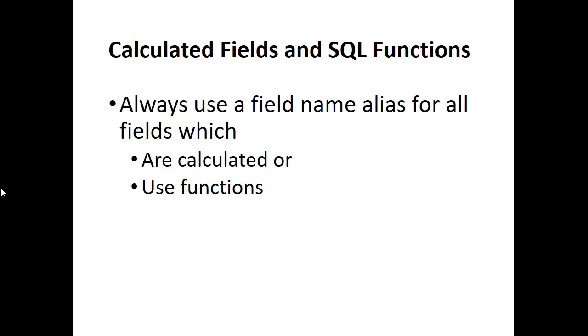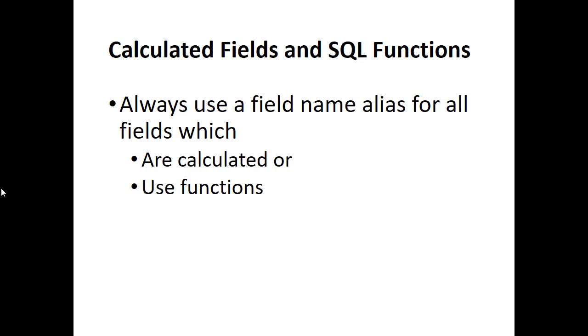Now, with all of these functions in SQL, we want to use aliases. Aliases are alternative names that we give to tables or columns in our query results. Without aliases, you're going to see very cryptic column headings in your query results, and we want those column headings to be descriptive and meaningful and useful.